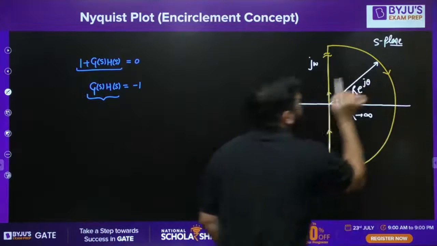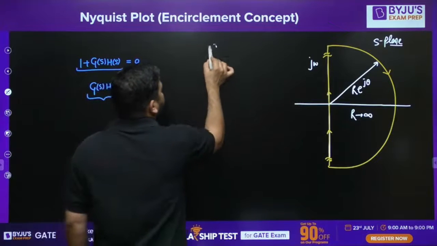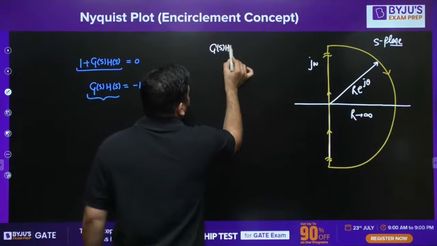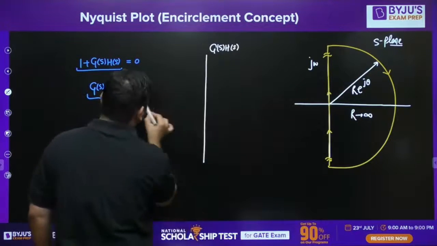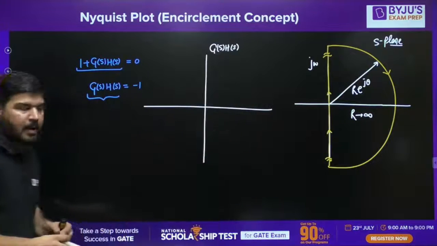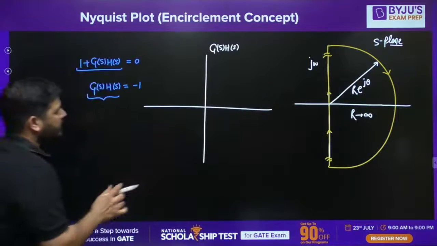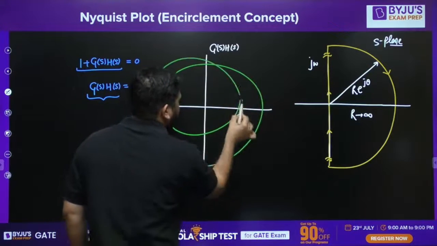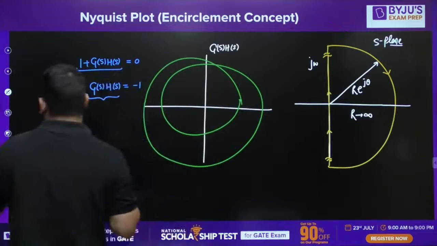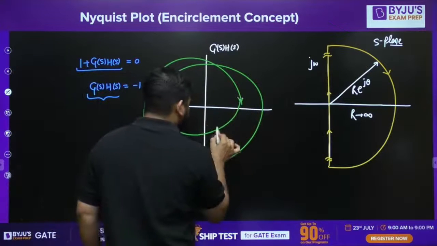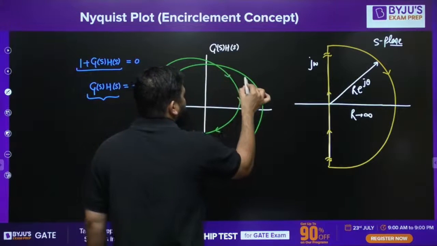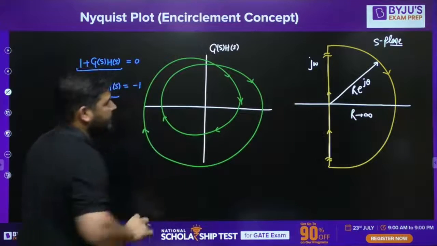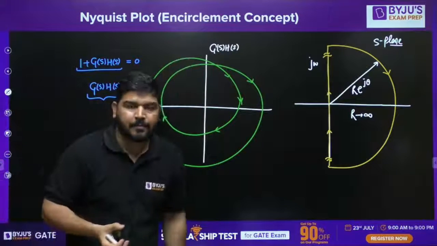Now I'm mapping this S-plane contour into the G(s)H(s) plane. Let's say the resultant contour is like this, and the arrow is like this. This is the resultant contour in the G(s)H(s) plane.